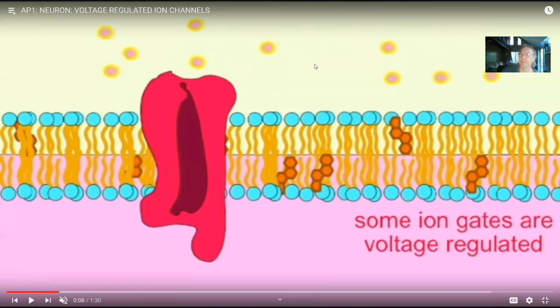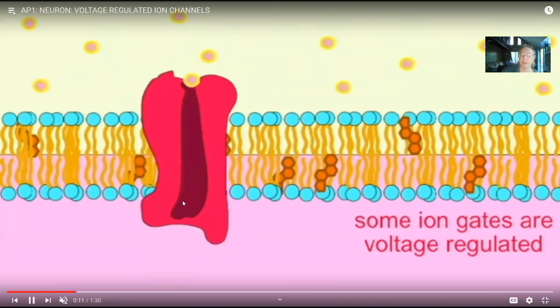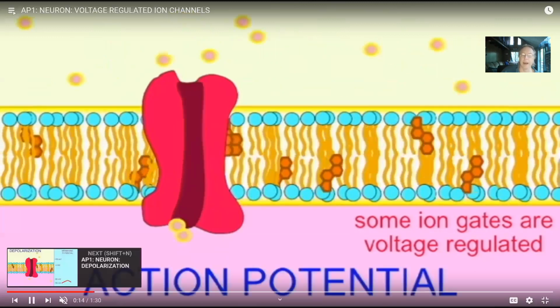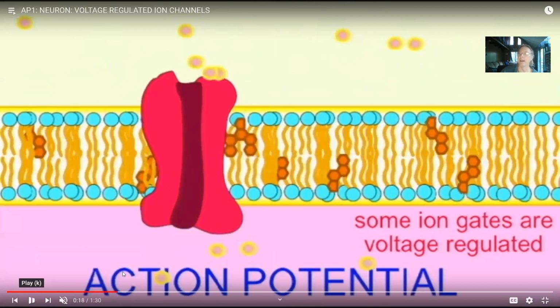If the electrical difference across the cell membrane were now different than what it is, say, at rest when this gate is closed, it would then open, and then the sodium would be permitted to pass from an area of high concentration to low. The action potential, which we'll be talking about in this video, does just that.